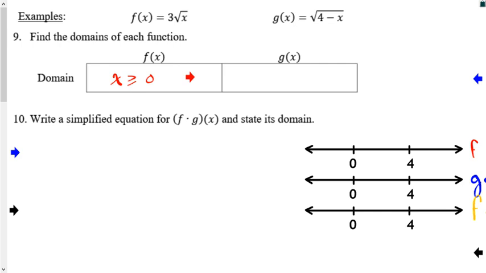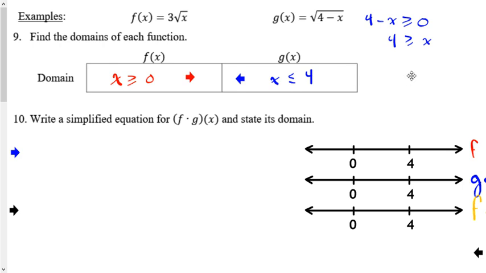For g of x, a little more effort is required. Again, we look at this radicand and we say that radicand has to be greater than or equal to 0, and then we solve that. So I added the x to the right-hand side, got 4 is greater than or equal to x. If I flip everything around, I get x is less than or equal to 4. These two statements are identical.